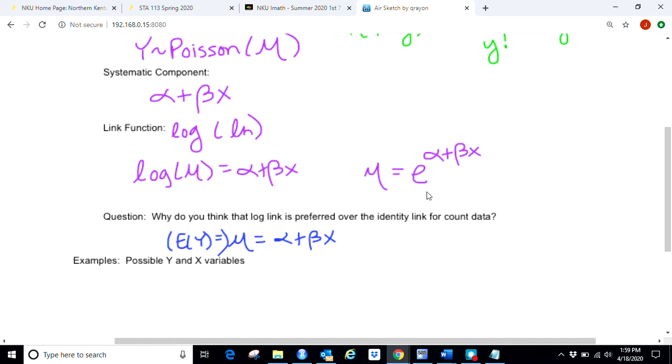One thing this ensures is that if I take e raised to any power, I cannot get a negative number. And knowing that I'm working with count data, it cannot have negative numbers. So the log link function only allows for non-negative values.